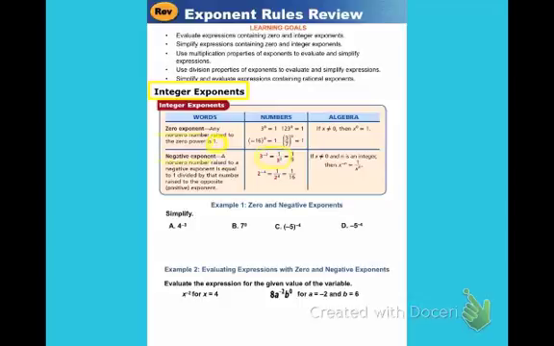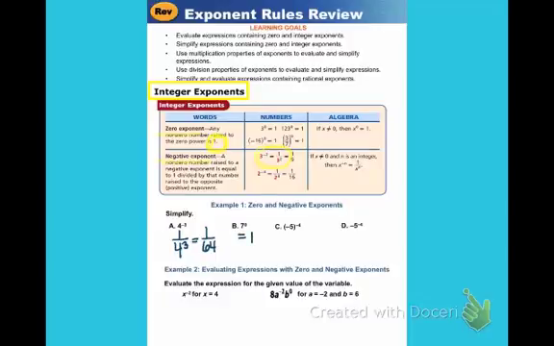So let's take a look at a few examples of 0 and negative exponent integer powers. So example A, 4 to the negative 3 power, what that really means is 1 over 4 to the 3rd. And hopefully we know that 4 to the 3rd power is 64, so that's really 1/64th. 7 to the 0 power, of course, is a non-zero base, so anything raised to the 0 power will be 1.